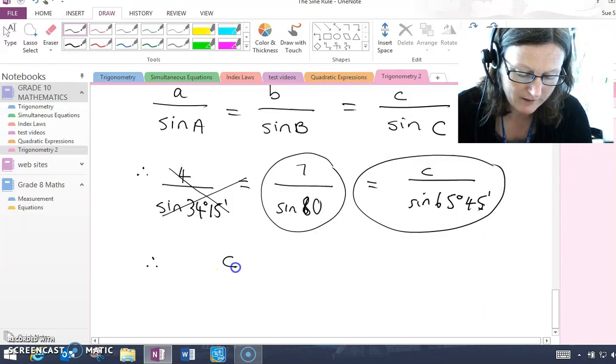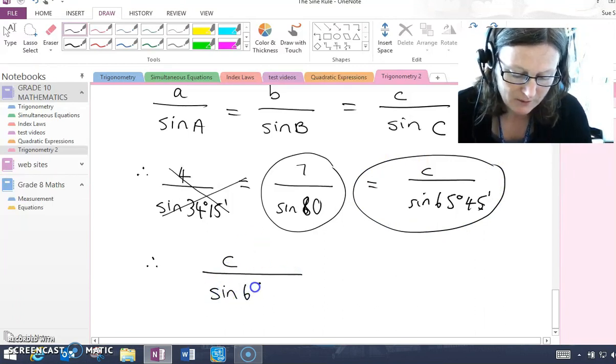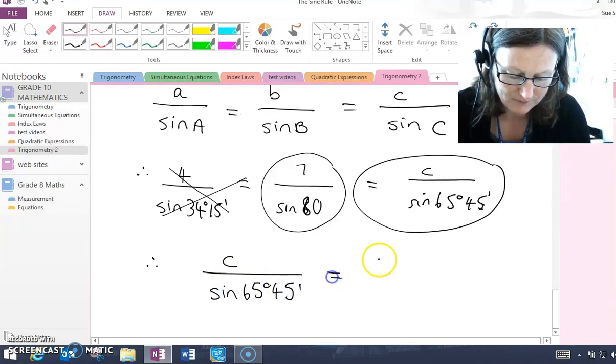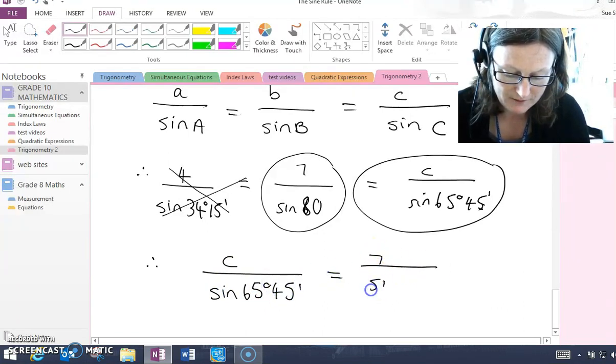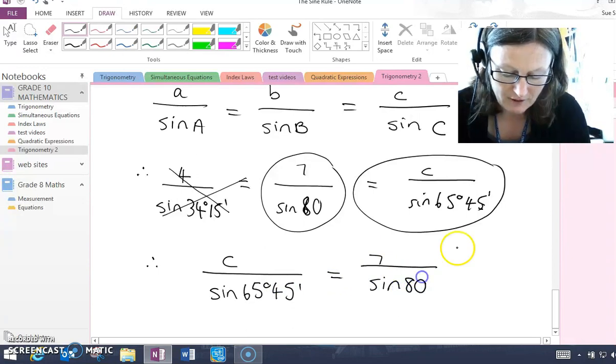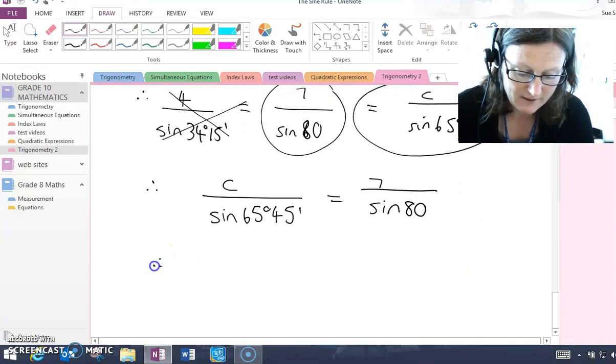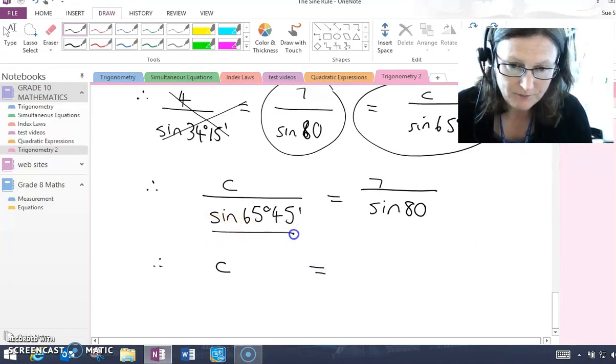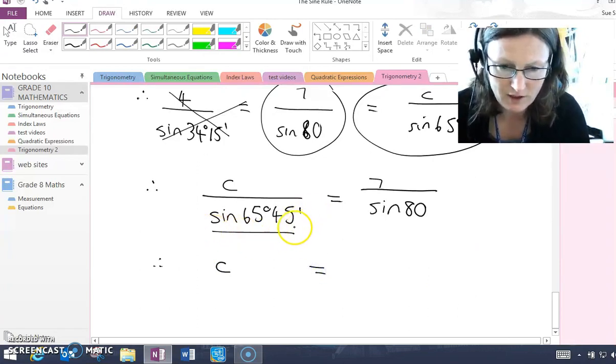I'm going to rewrite it. The thing I'm trying to find is on the left hand side of my equation, as I find it easier if it's on the left hand side, so I've just switched that around. I'm trying to find side C, so I bring this to the other side as it's divided by that.